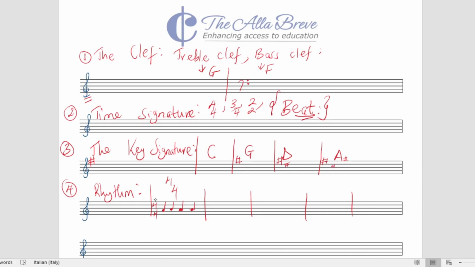It could also be 3/4, written on the staff as 3/4. This means you're going to have 3 crochets. That's how you identify if you are able to read the rhythm or not. Be careful because not all notes have to be crochets.